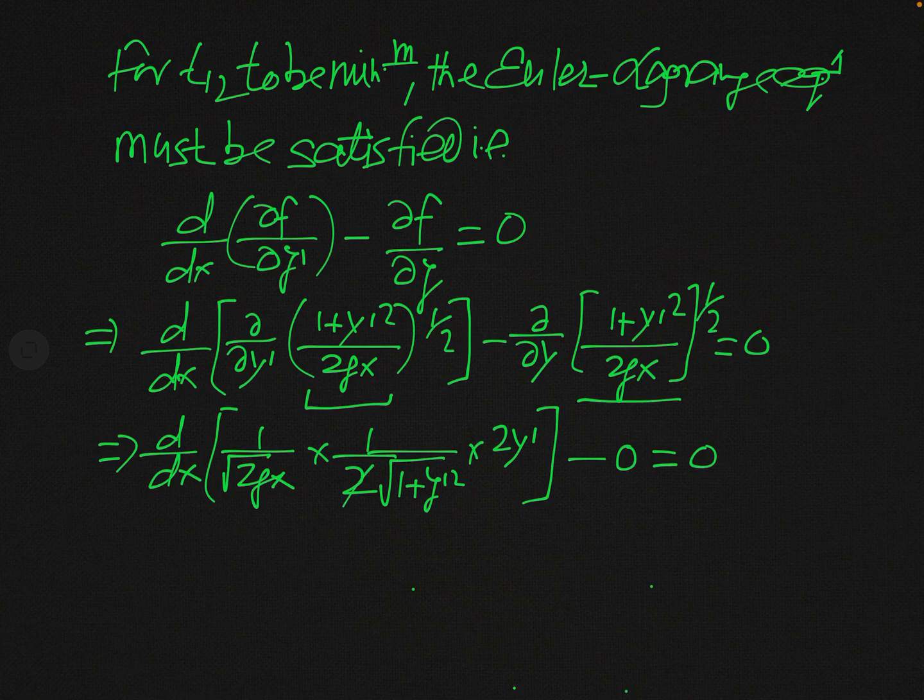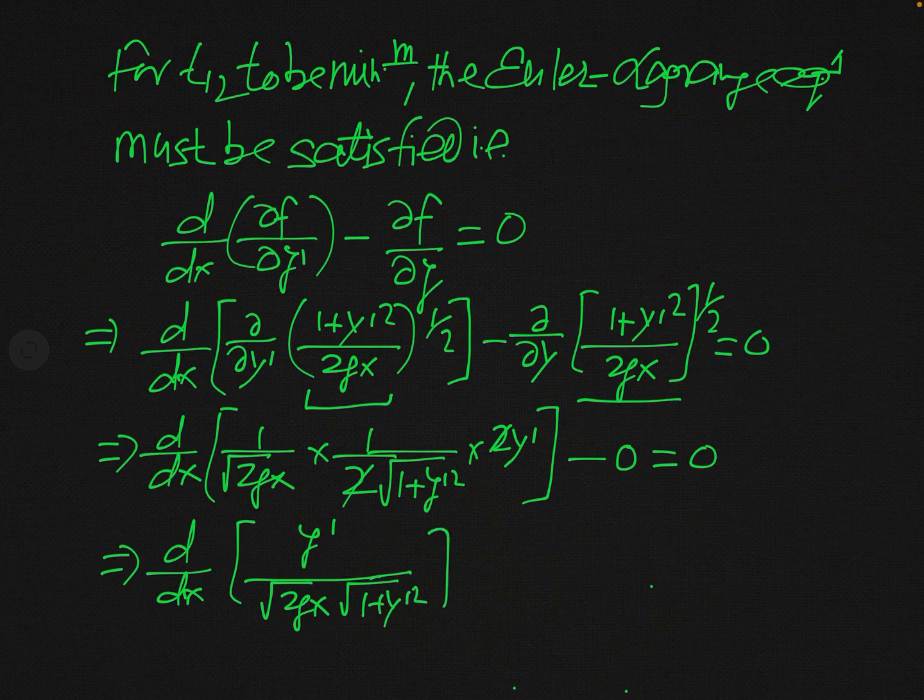Now you can see this 2 and this 2 will cancel out, and our result is d dx of y prime over root over 2gx times root over 1 plus y prime square, and this equal to 0.